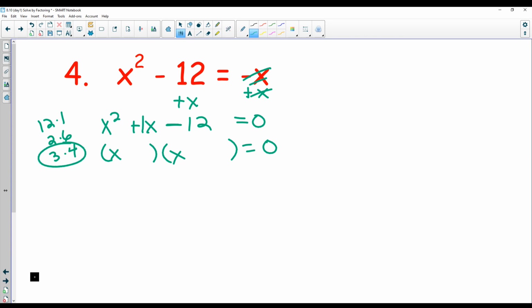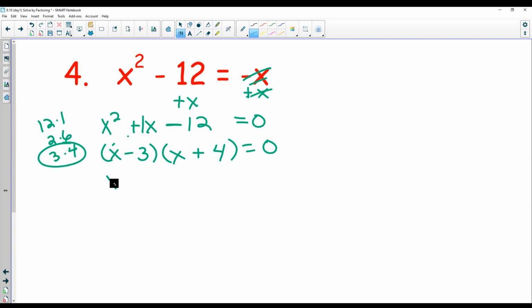So this is our best option. If we use a 3 and 4, and we multiply this, that would be 4x and 3x. I need the 4 to be positive and the 3 to be negative, so I get a positive 1x.